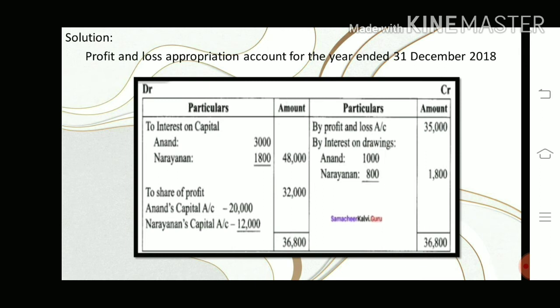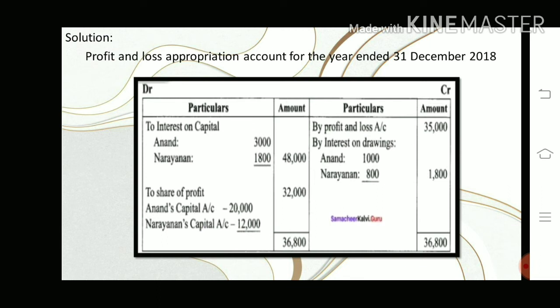The credit side value is the highest value. The highest value is 36,800. So the same value is represented on both sides: 36,800 and 36,800. Okay, credit side 36,800 and debit side 4,800 only.